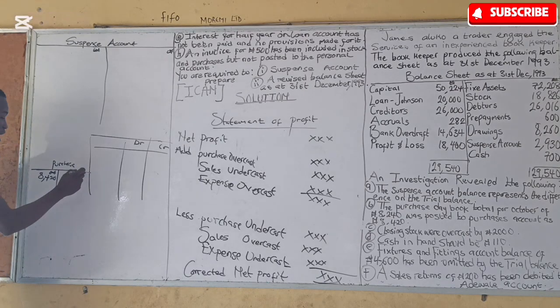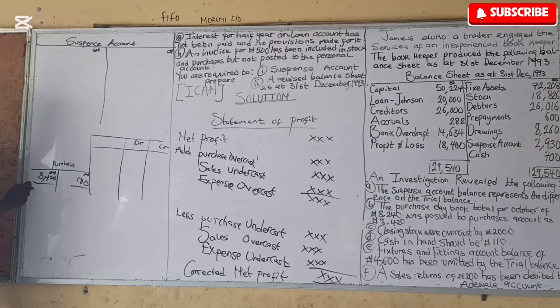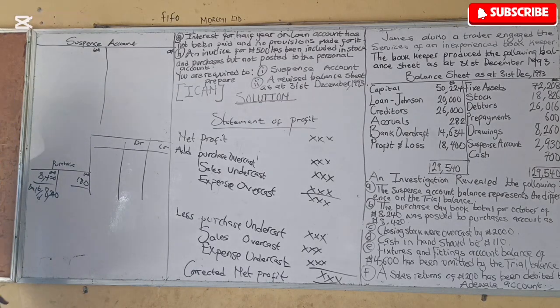That 180 you are going to take to the credit side. When you take the 180 to the credit side and subtract it, your balance brought down is going to be 8,240. That is what's going to be your balance. You can try it.